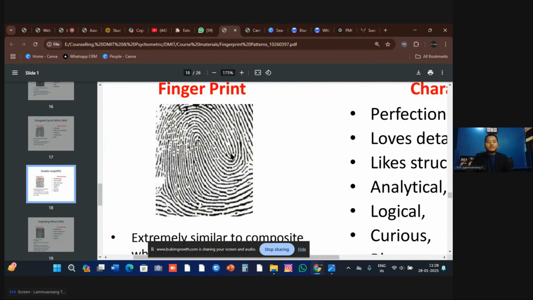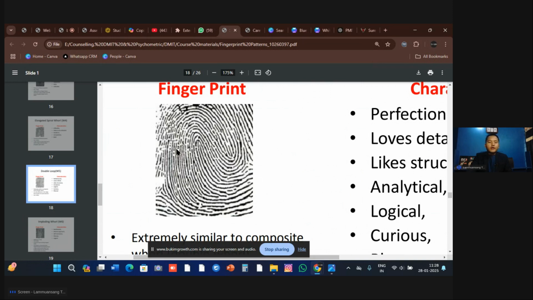Okay, that is double loops, and it is the compliant personality type person. Got it, right? Now see this center starting here and it flows down here on the same side, and this one starting here flows out here. Just follow this, it flows out here.